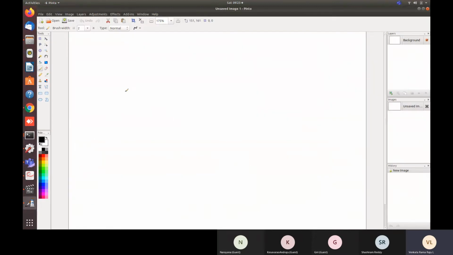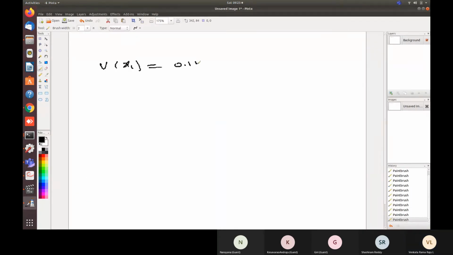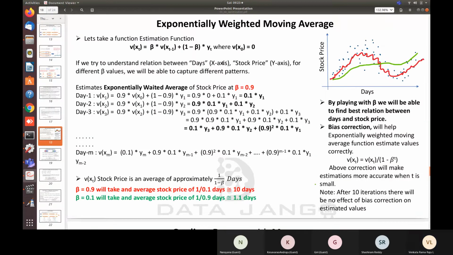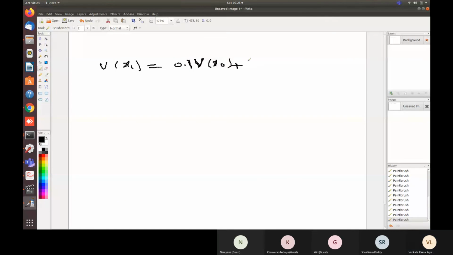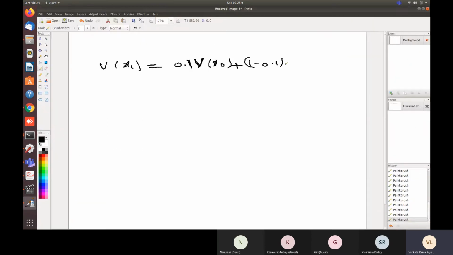V of x1 is equal to 0.1 into V of x0 plus 1 minus beta, 1 minus beta means 0.9, that is 1 minus 0.1, into yt, that means y1.